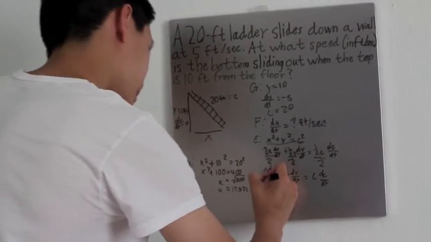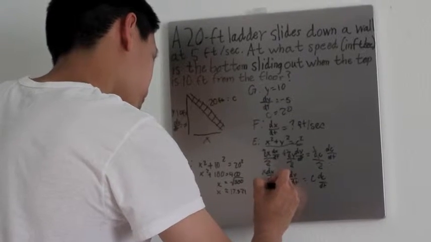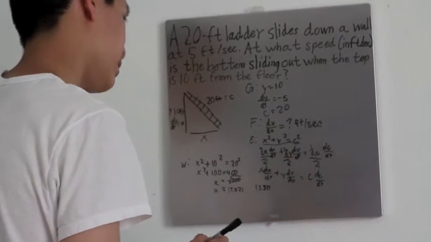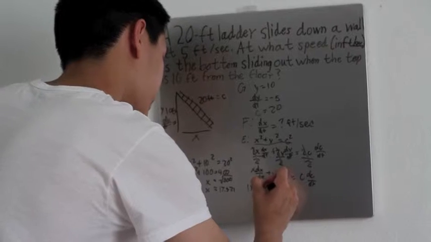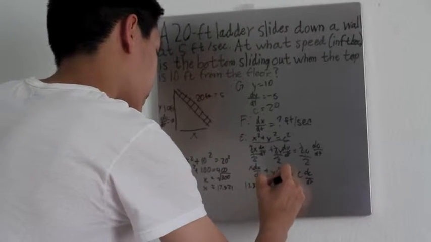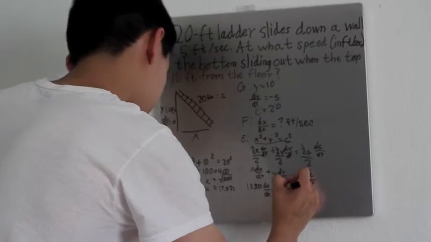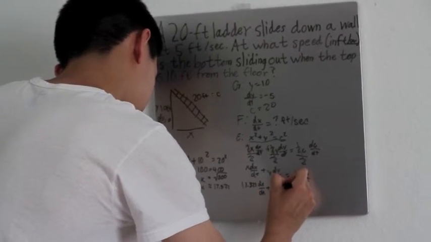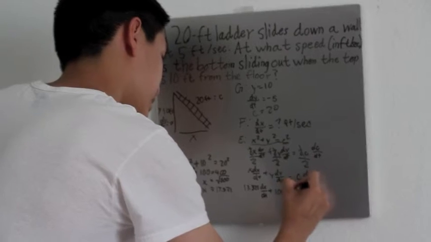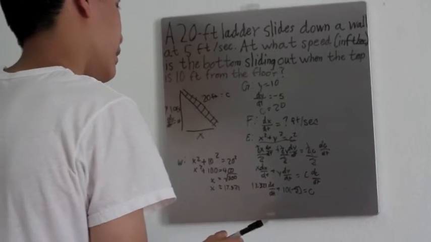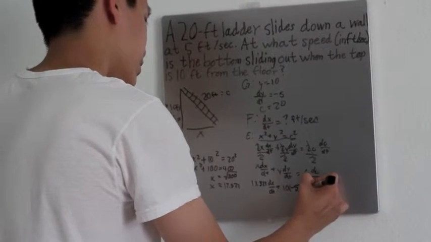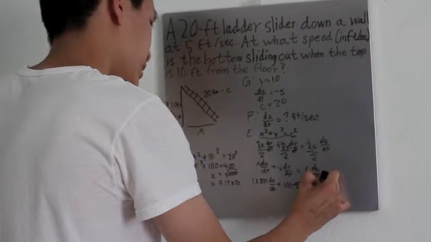So you plug in x, which is 17.321, and you're trying to find dx dt. Y is 10, dy dt is -5, c is 20, and it's a constant, so it just equals 0.